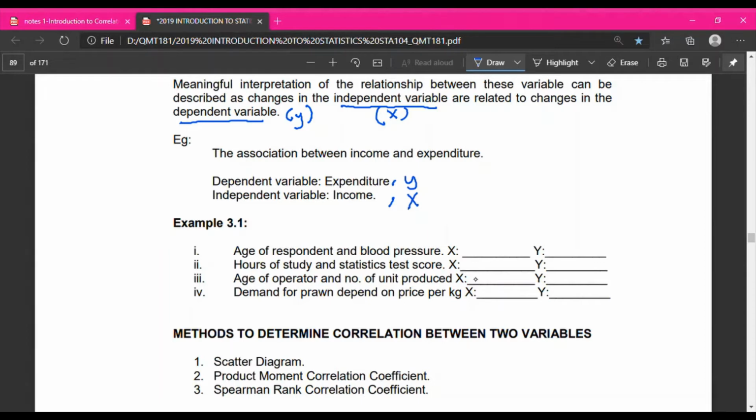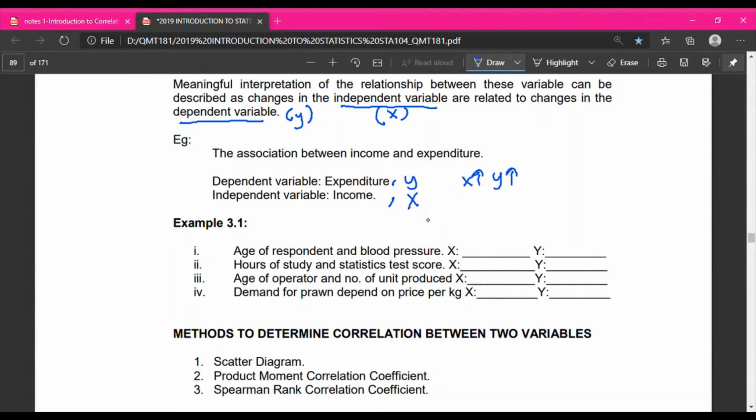Okay, so kita boleh tengok relationship between these two variable. Daripada sini kita nanti bila nak tengok the relationship, sebab y depend on x, so kita cerita pasal x dulu. So when x increase, y also increase.